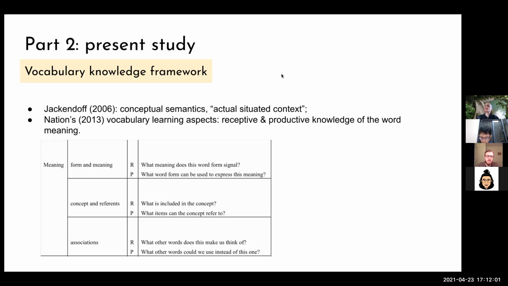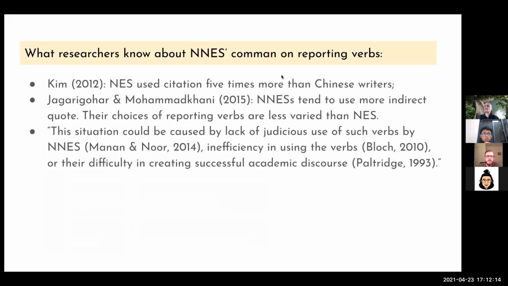So that really inspired us to put two different tasks in our learning process. One involves receptive knowledge and the other involves productive knowledge.